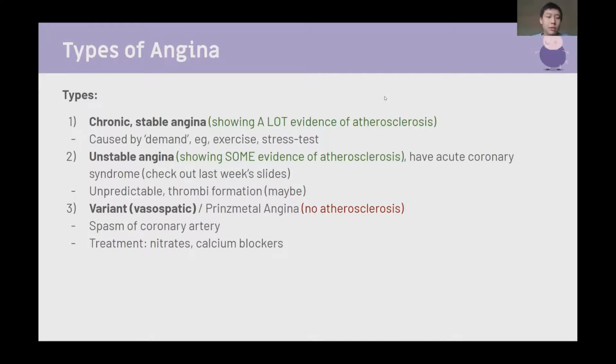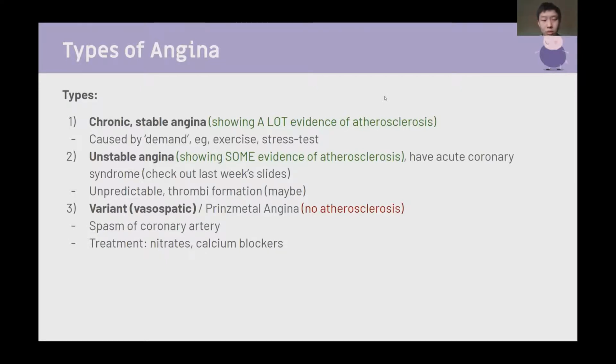I think unstable angina, what Katja was maybe getting at, that it's some evidence of atherosclerosis, is that perhaps unstable angina could also be due to something like a blood clot formation, rather than purely atherosclerosis. Because you could still get unstable angina if you have bad atherosclerosis and your heart's just been too long with not enough oxygen, and so the heart's going into a worse state and it's becoming unstable.